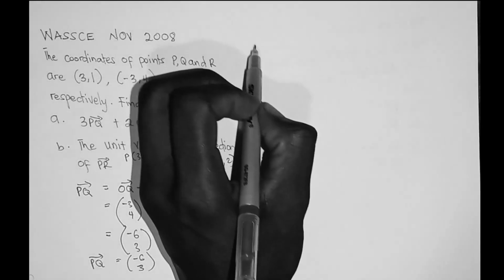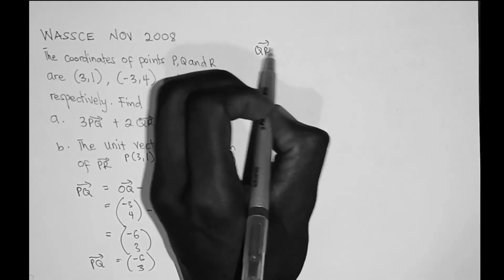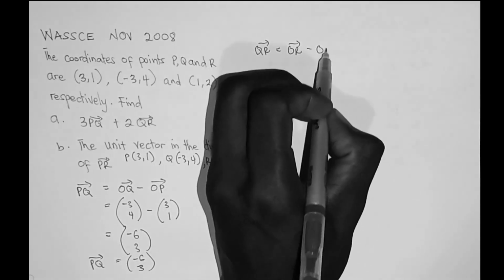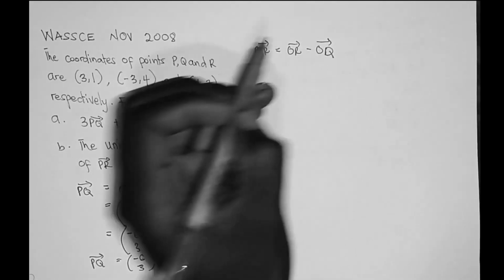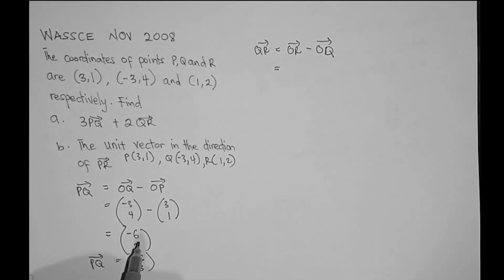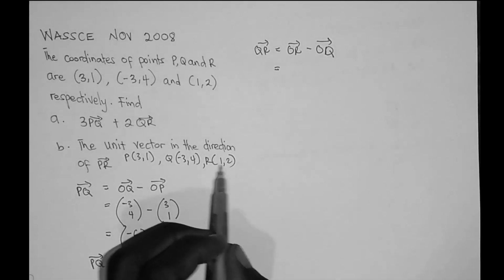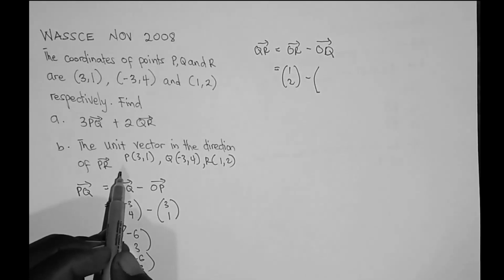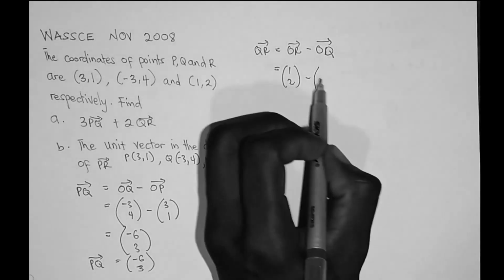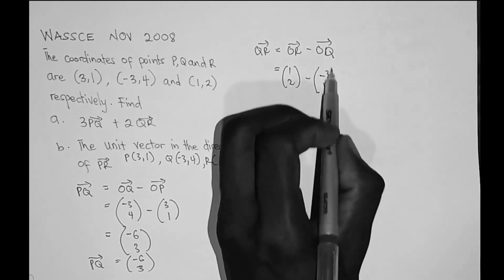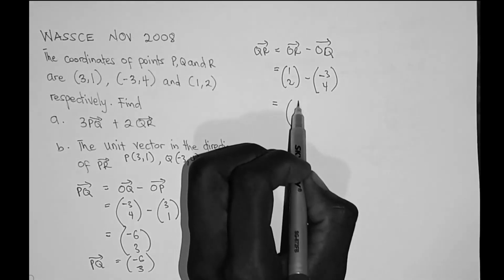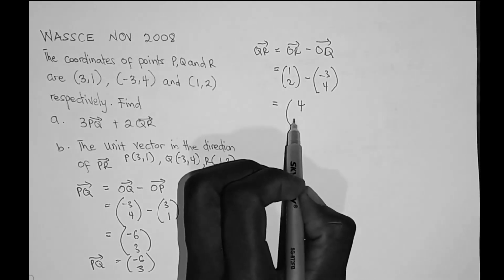Let's find the vector QR. QR is the position vector OR minus the position vector OQ. And what is OR? OR is 1, 2 minus OQ. OQ is minus 3, 4. So this is equal to 1 minus minus 3 is 4. And 2 minus 4 is minus 2.